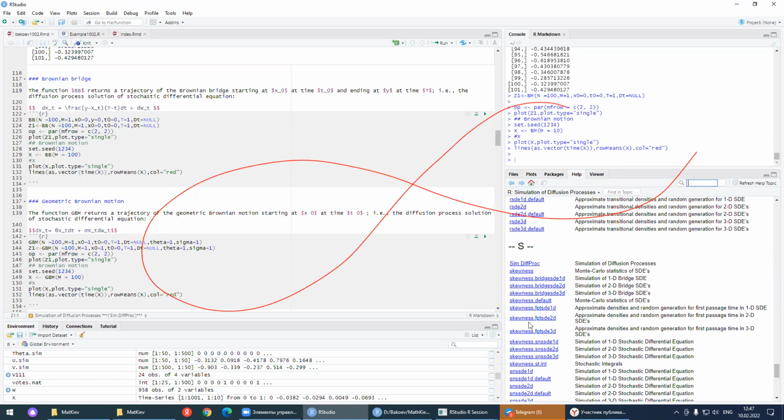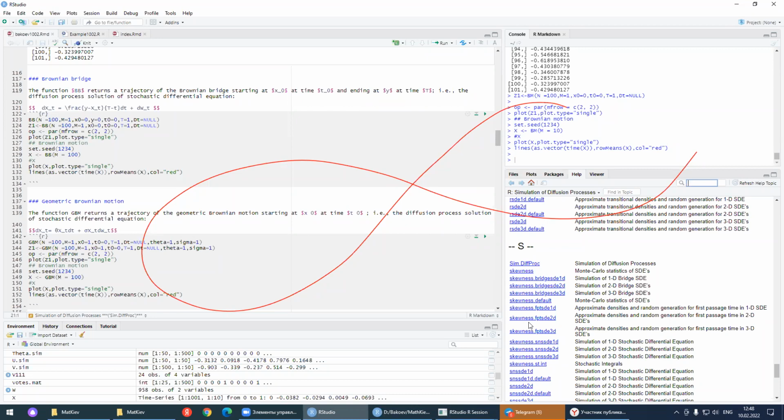Yes, I understand. Okay, a good question. In my task I usually have the assumption that the system of stochastic differential equations has a solution, and a unique solution, if the coefficients satisfy these conditions.